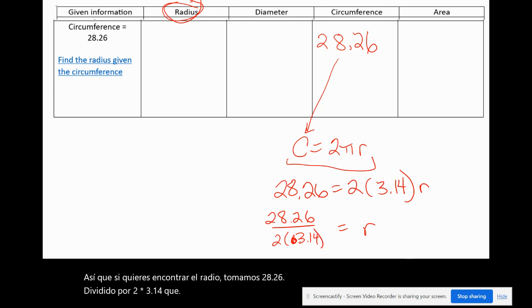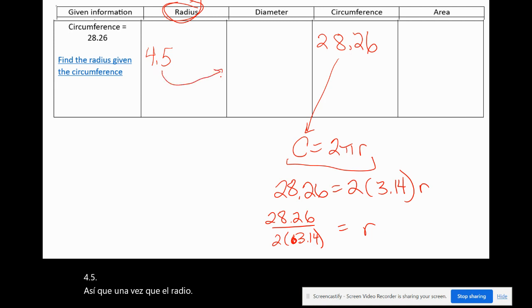So if you take 28.26 divided by 6.28, you get a radius of 4.5. So once you know the radius, you know the diameter, because the diameter is double the radius.